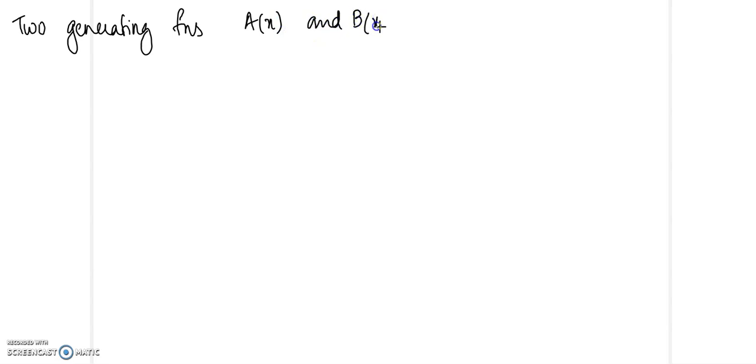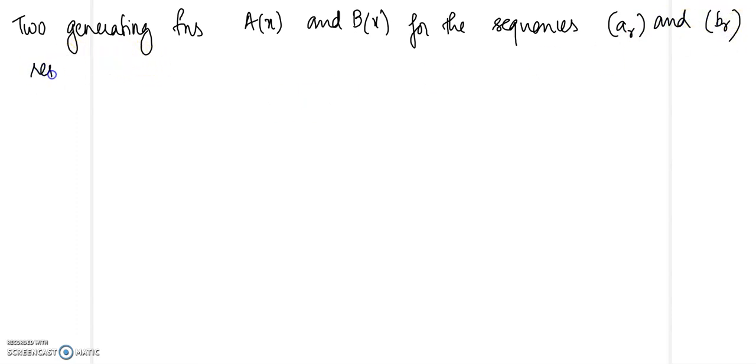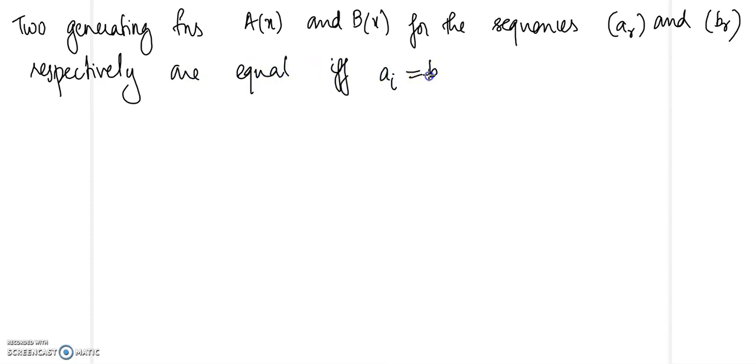So two generating functions A(x) and B(x) for the sequences a_r and b_r respectively are equal if and only if a_i is equal to b_i for each i belonging to N star.